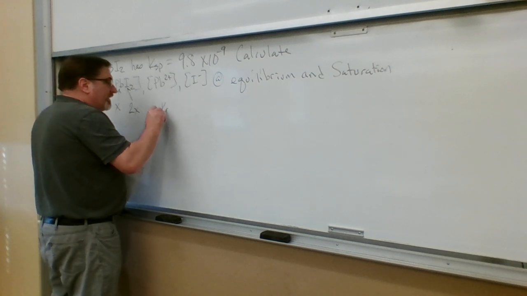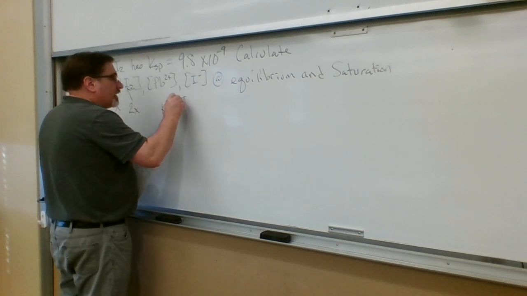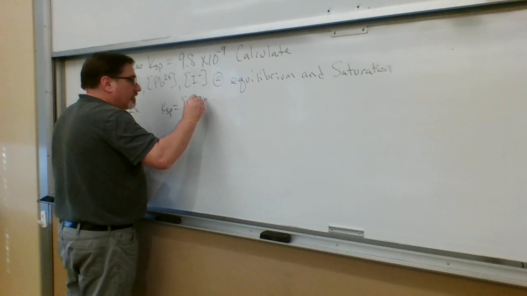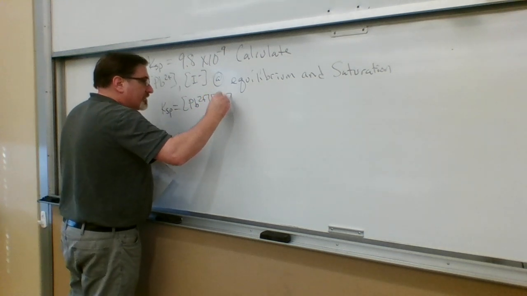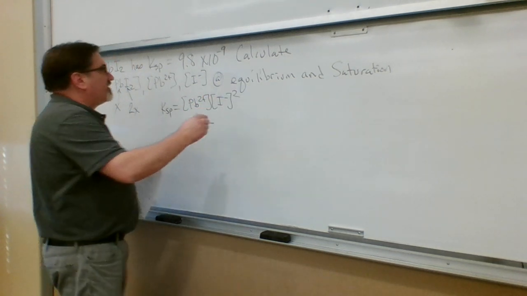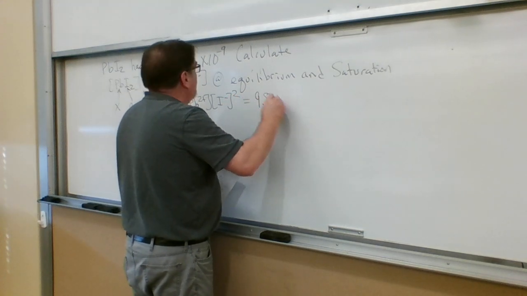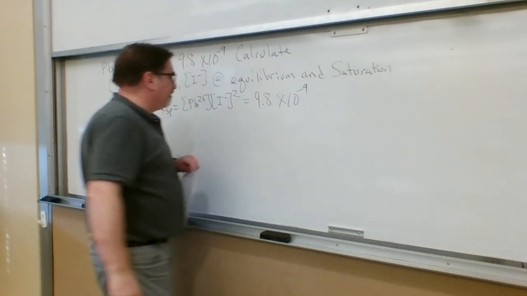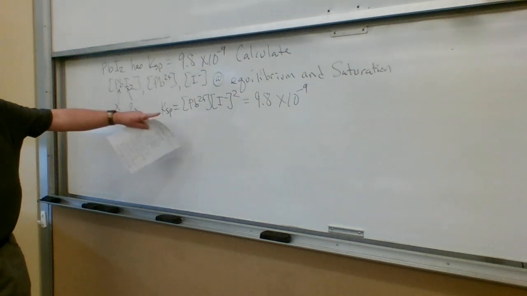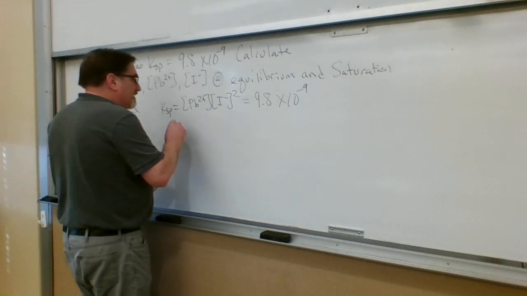That means that KSP must be the concentration of Pb2+ times I minus squared. And that is a numeric value of 9.8 times 10 to the minus 9. So I plug my algebra into my KSP.